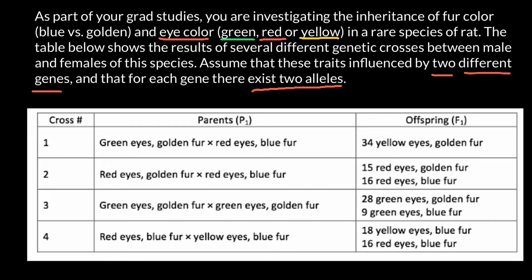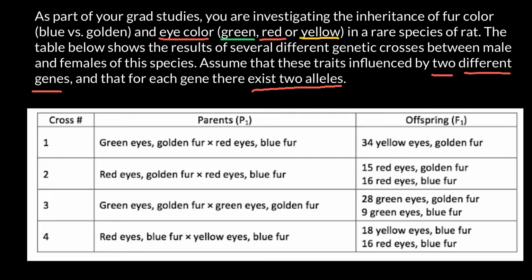Nothing in this problem says that these genes are linked and on the same chromosome, so we can consider each trait independent of the other. Let's go over the first trait, eye color, which has to be controlled by an incompletely dominant allele over another. So we have incomplete dominance here.